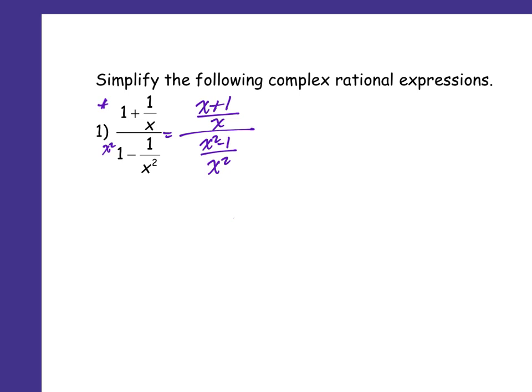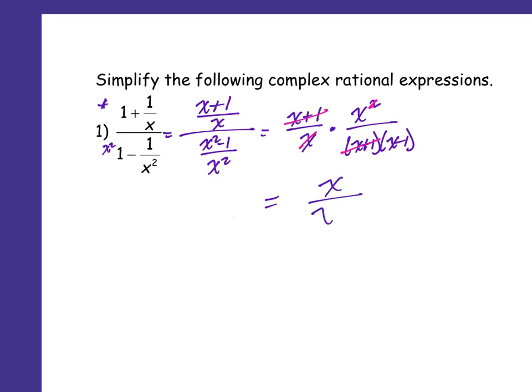And now I just have, like we did when we were doing the multiply and divide, now I have a divide problem. So this should become x plus 1 divided by x times x squared over x plus 1 times x minus 1. So the plus 1's go away, and 1x goes away, and I should get, what should I get?